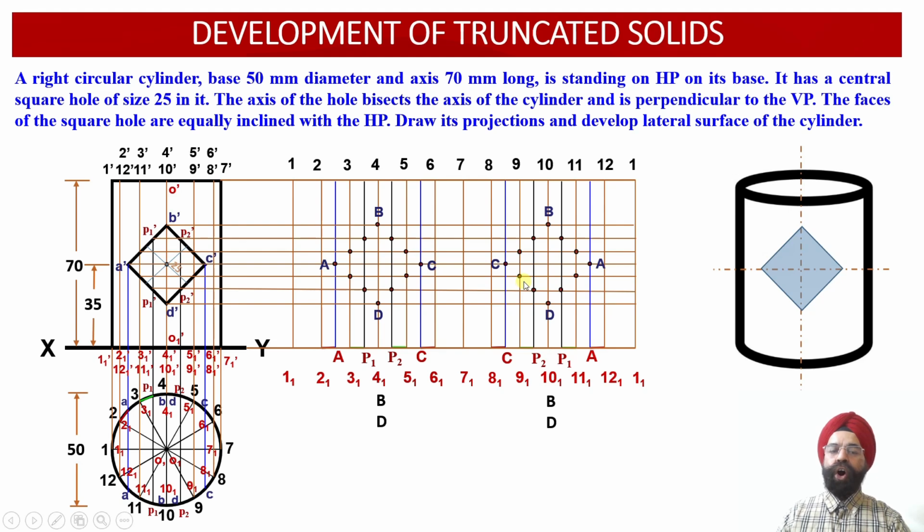Now all the points of intersection of the square hole with the right circular cylinder have been obtained in the rear face and in the front face as well.